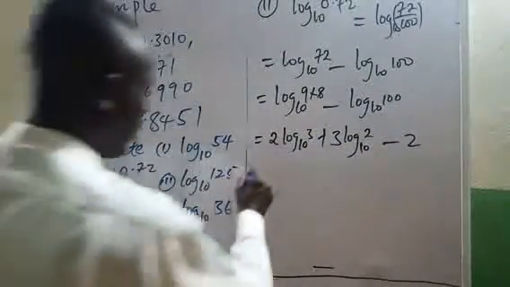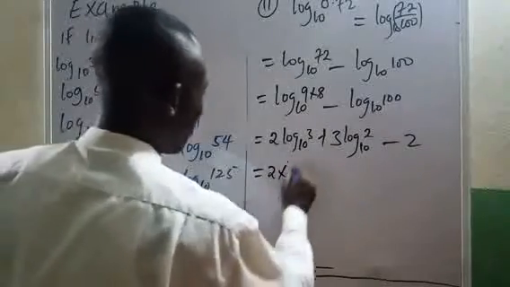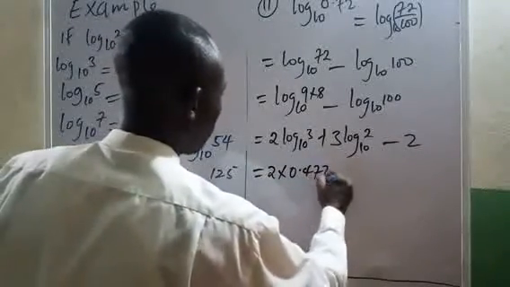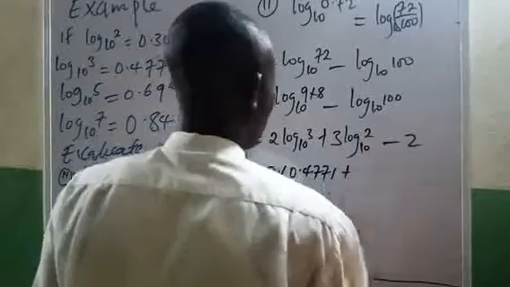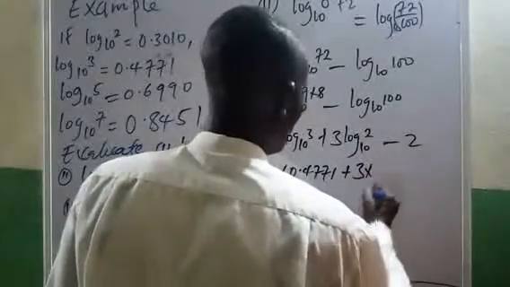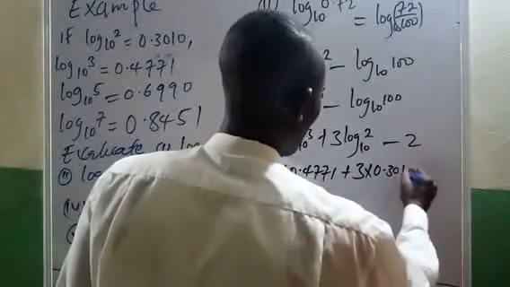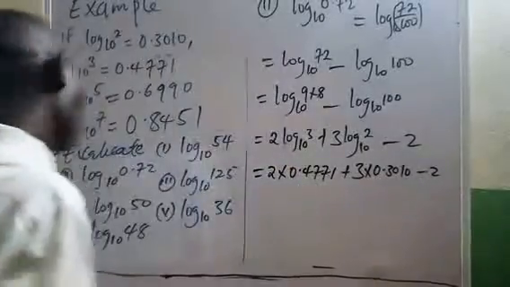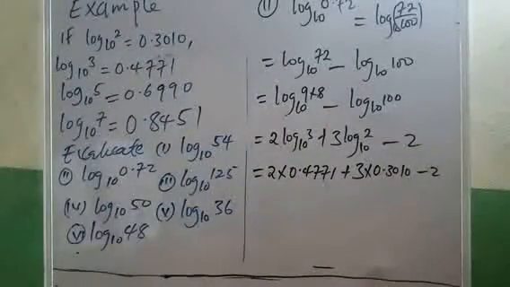So if I replace the values, I'll have 2 times 0.4771 plus 3 times 0.3010 minus 2.